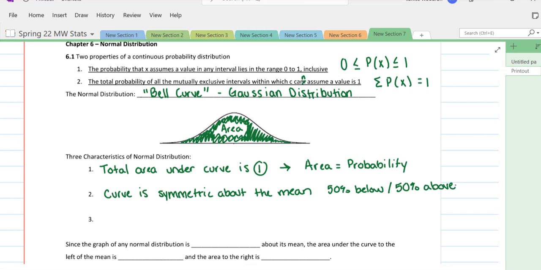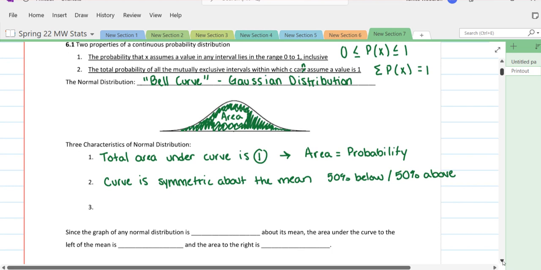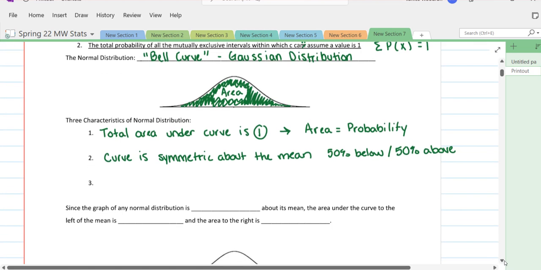Not skewed. It is a normal distribution, so it is perfectly symmetrical. And the last characteristic is the two tails of the curve extend forever in both directions.